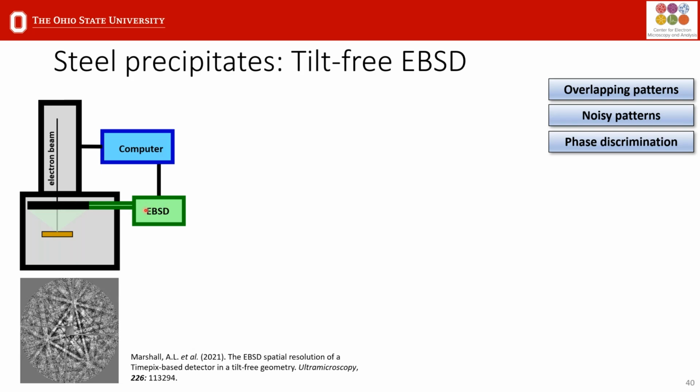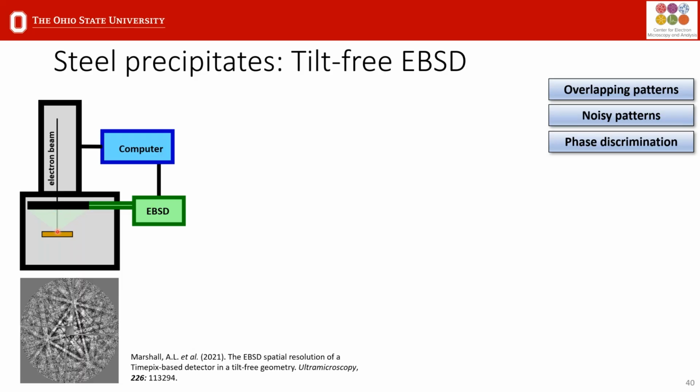And this detector consists of 4 Timepix detector chips, and they are arranged in this configuration. So right in the center, there's a hole in the detector where the electron beam can go through the detector to hit the sample. And then the diffraction information is collected at 0 degree tilt.